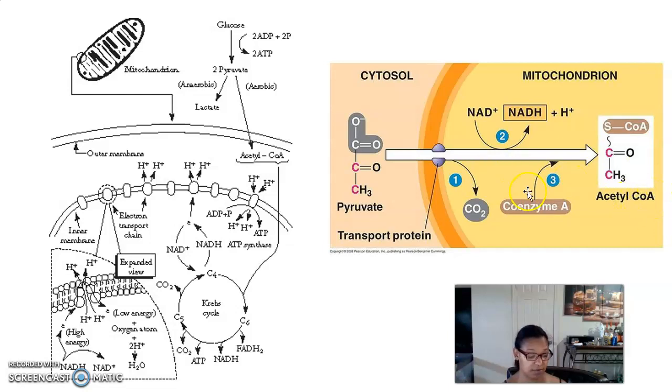Acetyl-CoA is going to deliver the acetyl group from the pyruvate through the citric acid cycle, which is also known as the Krebs cycle, which is here.